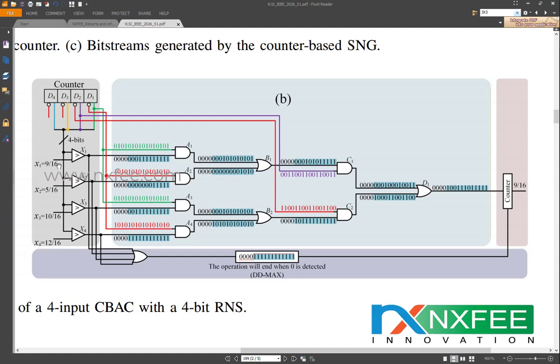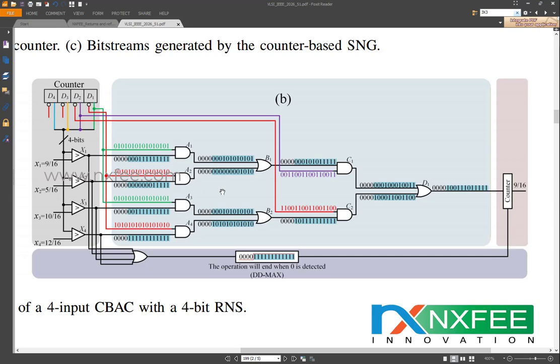Here the inputs are compared with d1, d2, d3, d4, then calculated with the supporting AAO architecture, and then it produces the final output. Here is one AAO, another AAO, and another AAO. Totally 3 AAO units are used to find the original value.